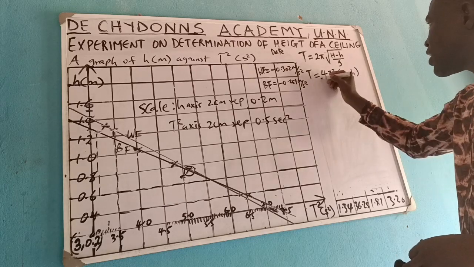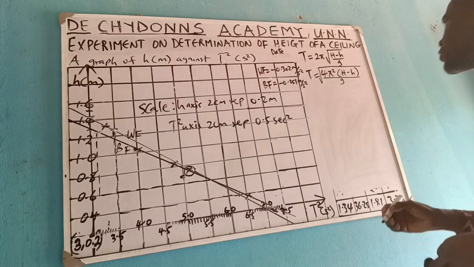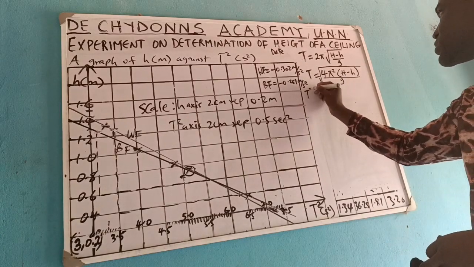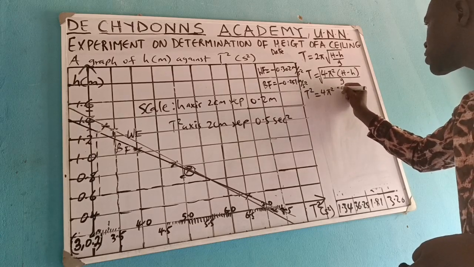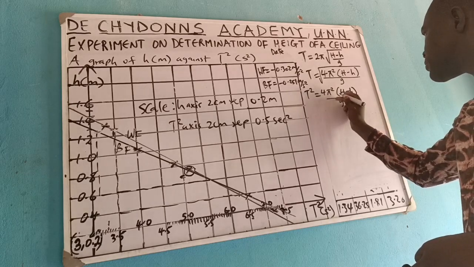Are you getting it? Then you put that square root all over g. Now, removing this square root, you have to square this. Yes, t square equals 4 pi square times h minus small h all over g.